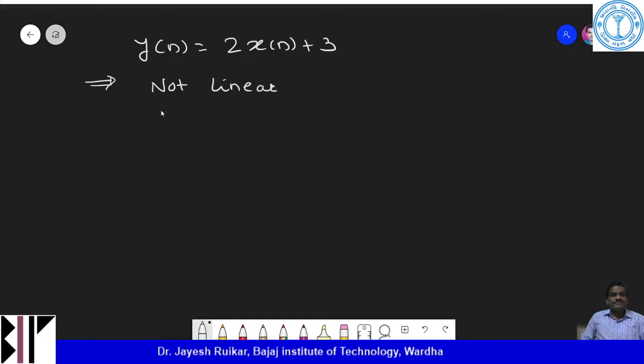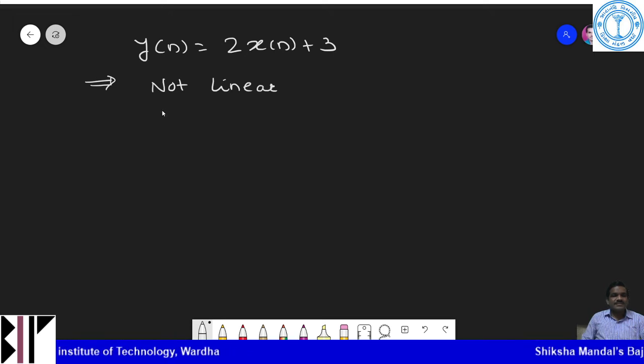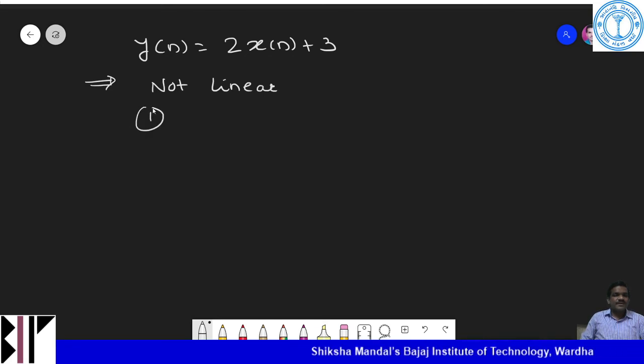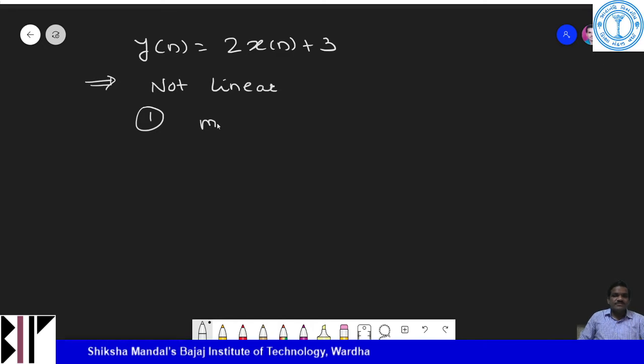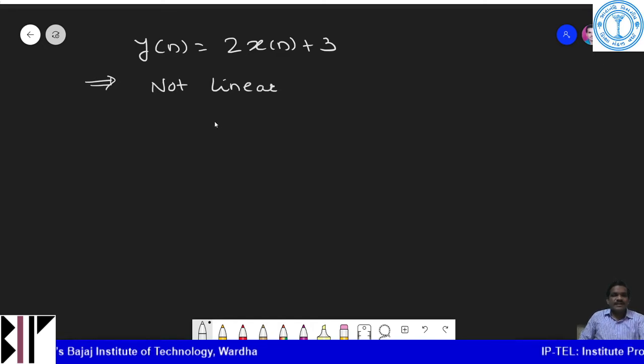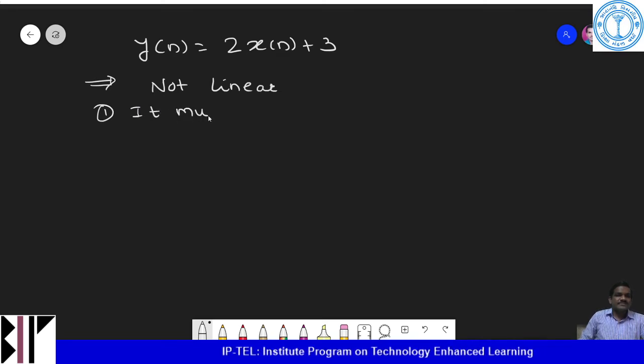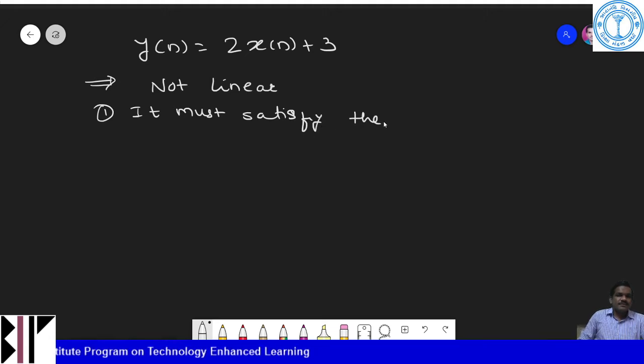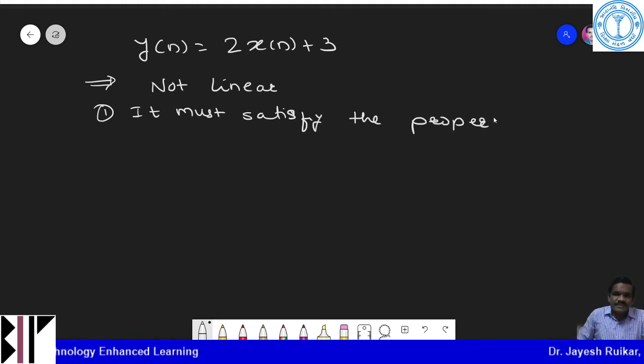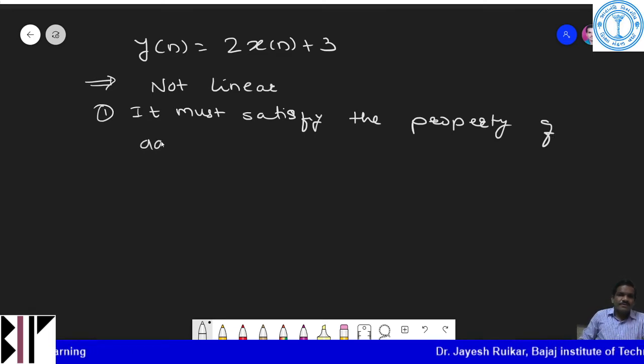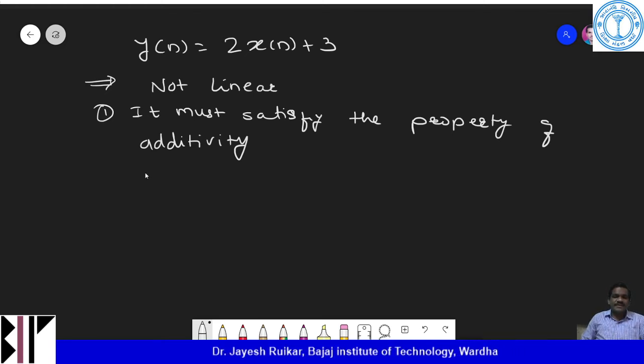A system is said to be linear if it satisfies the superposition principle, or in another way, it must satisfy the property of additivity. So what does additivity mean?